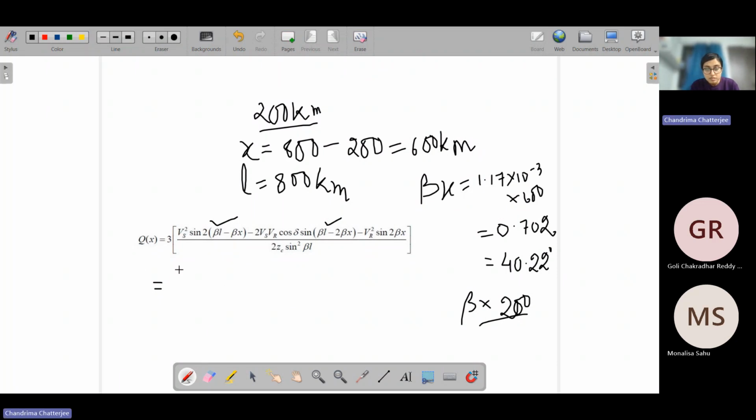Okay, I will do the calculations. Let's see. 400 square, this we can take out of the bracket because it is everywhere.